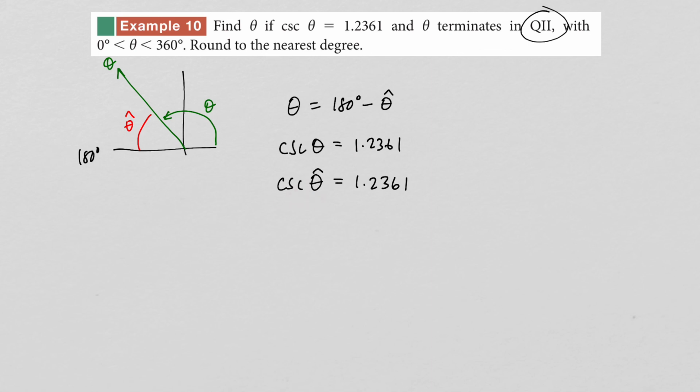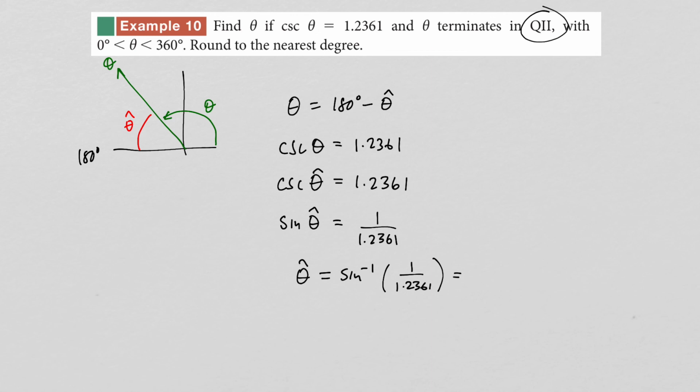So cosecant of theta hat is this value, but to find theta hat, we need to get rid of cosecant, and we don't have an inverse cosecant button. So we need to remember that sine is the reciprocal of cosecant. So sine is 1 over 1.2361. And from here, we can use the inverse sine function to get the reference angle.